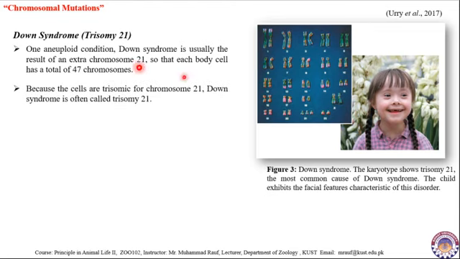When 3 copies of chromosome 21 are present, it is a 2n+1 condition, and the chromosome complement of that individual will be 47, and it is called trisomy. Don't get confused between trisomy and monosomy. It's pretty simple. Monosomy is when one chromosome is missing. Trisomy means when one chromosome is in excess.